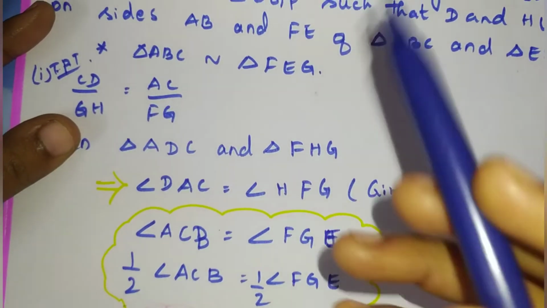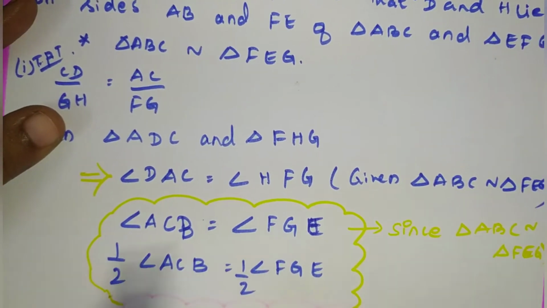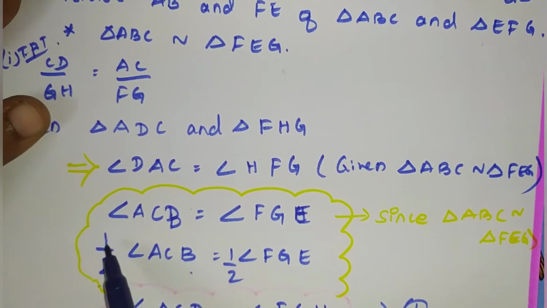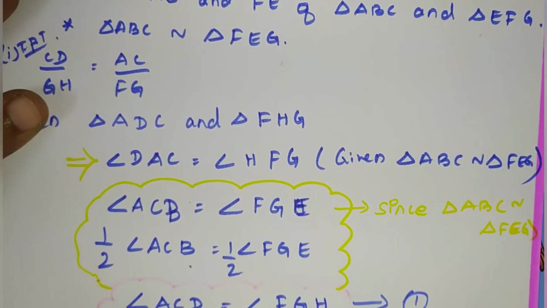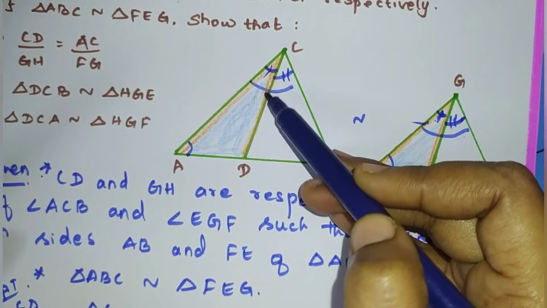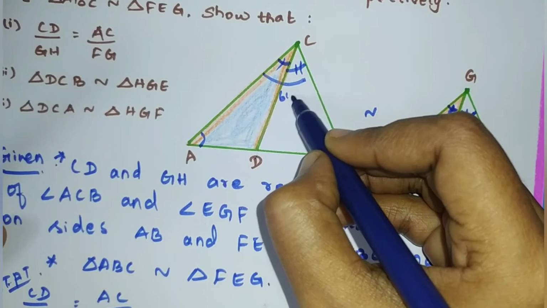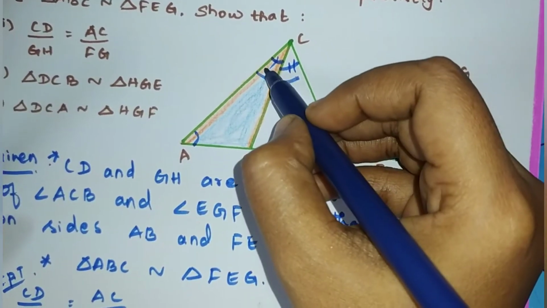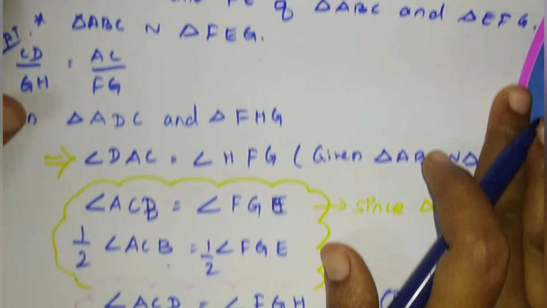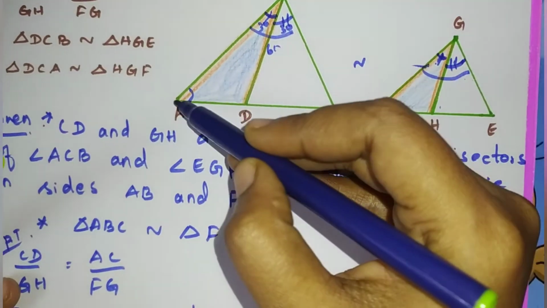CD is a bisector, so I am going to divide this angle equally, by 1 by 2 on both sides. If the whole angle is 60 degrees and we divide it by 2, this is 30 degrees and this one is 30 degrees. That's why I divided by 2 and got the half portion.